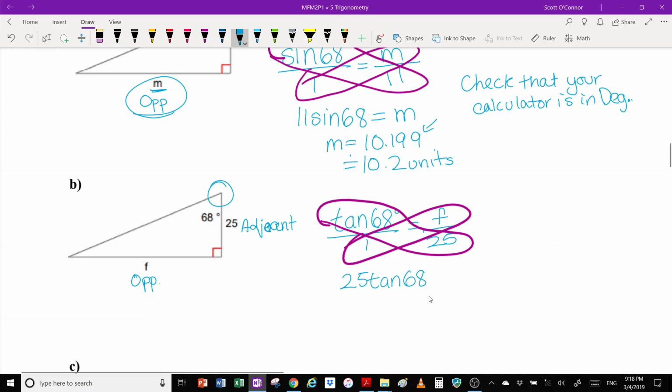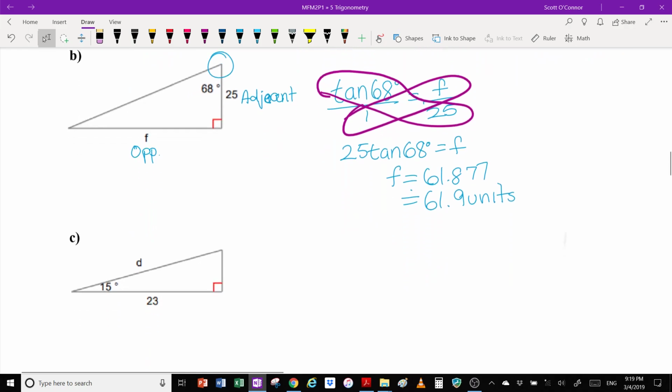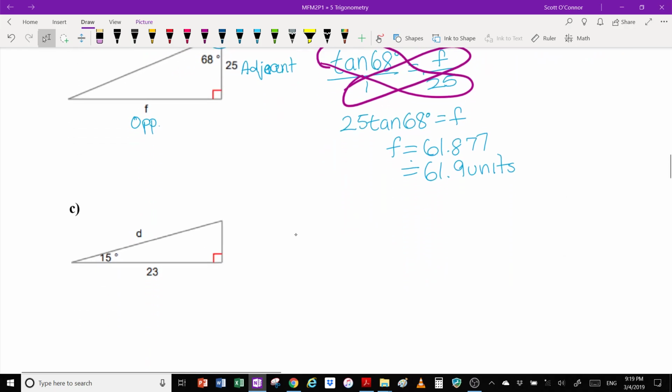So 25 times tan 68 is equal to f. And when I plug that into my calculator, I'm going to get f is equal to 61.877, or if I round it, 61.9 units. That handles B. Let's move on to C.